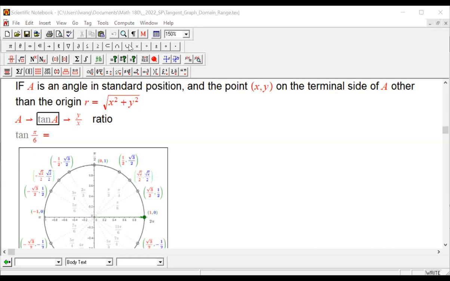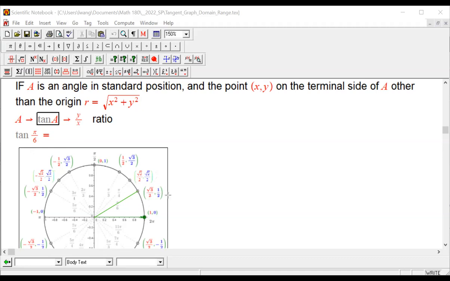We measure the angle pi over 6 from the standard position, counterclockwise because it's a positive angle. So it terminates here. And I probably should not use this color, okay, because that gold color is reserved for our arc length, okay? So here's the terminal side of pi over 6, right?